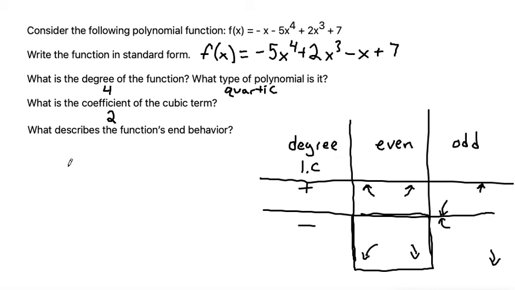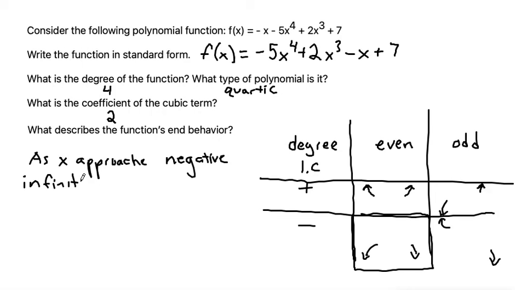To write that more explicitly, we want to say as x approaches negative infinity, we have it going down to the left, so y approaches negative infinity.